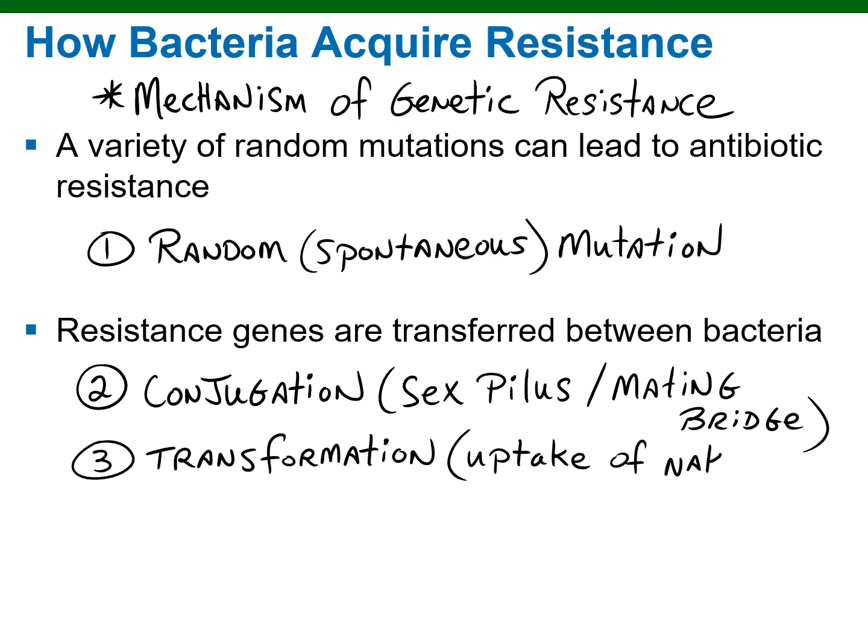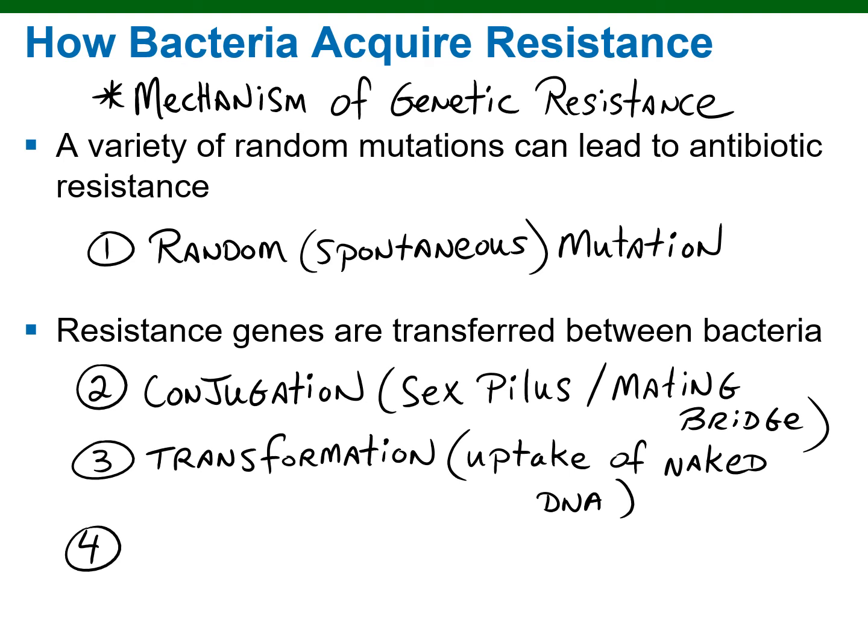So imagine a dead donor bacterium that could have been drug resistant, but maybe it just died of old age. This bacterium spills out its DNA after it lyses, and that DNA may contain antibiotic resistance genes that can be picked up by a recipient that undergoes what's called transformation.